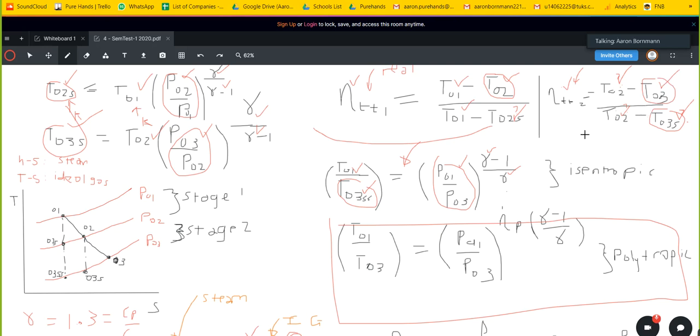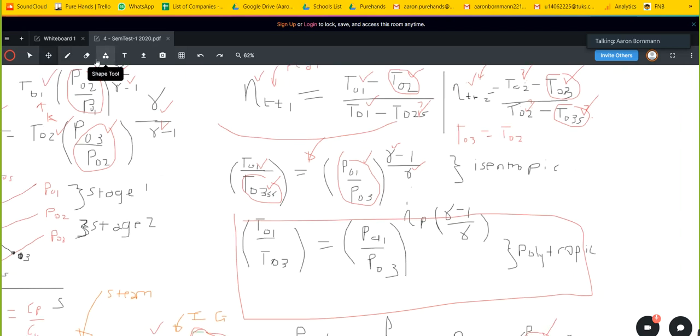What you can also do is write it in a general form, which means T03, if you write it in terms of an equation, will equal T02 minus, if you just rearrange this equation, the stage efficiency times T02 minus T03s.